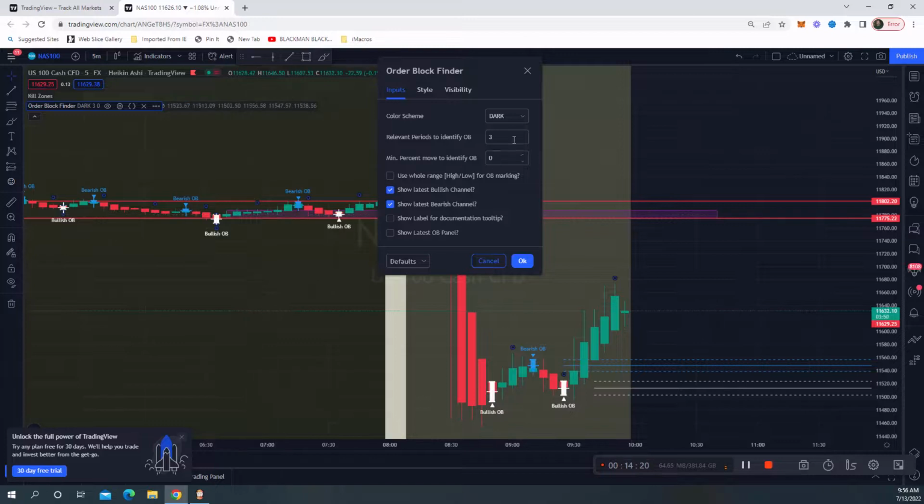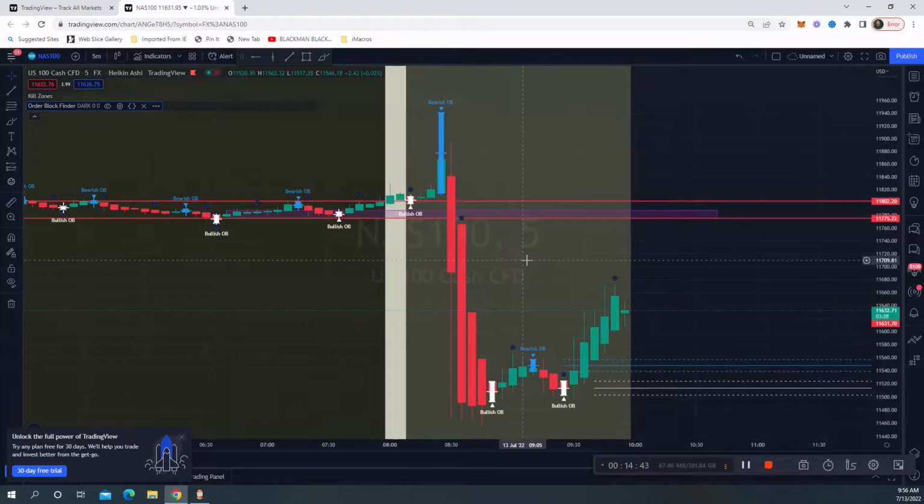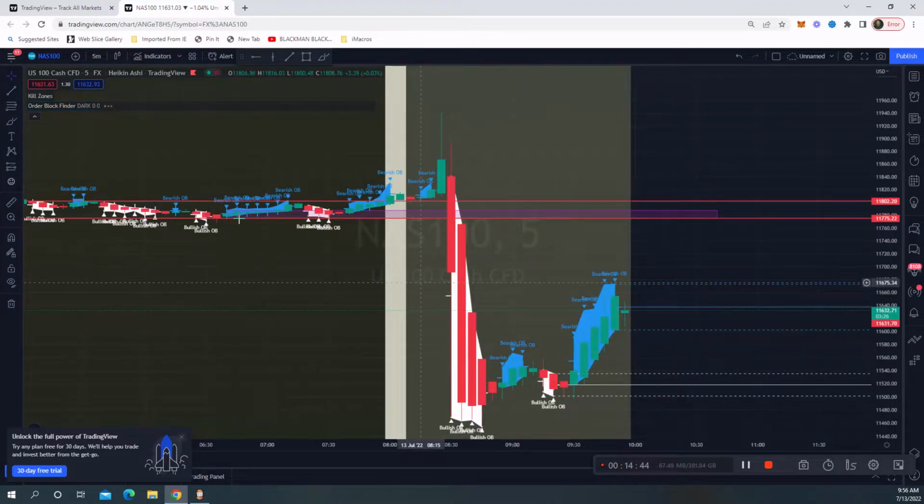If you go lower, it will show even more. I leave it at 3 because, doing day trading and scalping or what have you, I don't want to flood everything. I want to see the ones that are going to give me the longer shots or the better results. But you can actually go down. If you say 1, it'll have them all through here. Well, let me just show you. If we go down to 1 and do OK, see all of this?